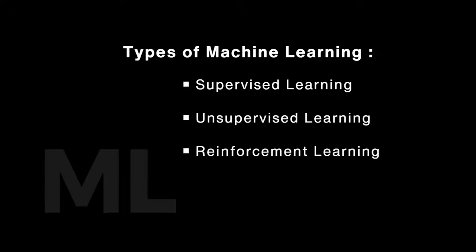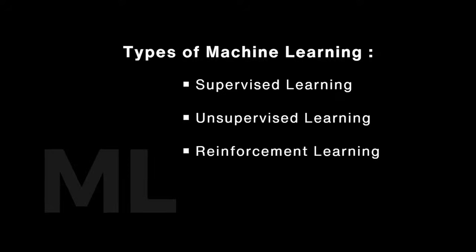There are basically three types of machine learning. The first one is supervised learning, the second one is unsupervised learning, and the third is reinforcement learning.